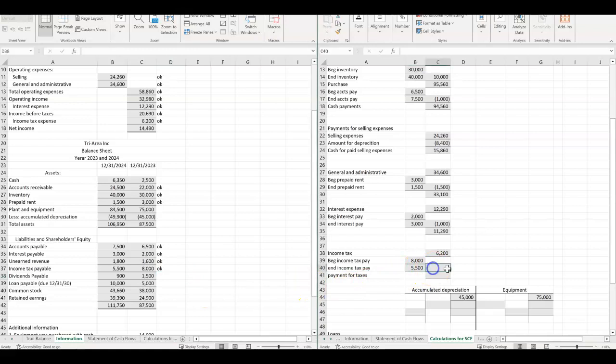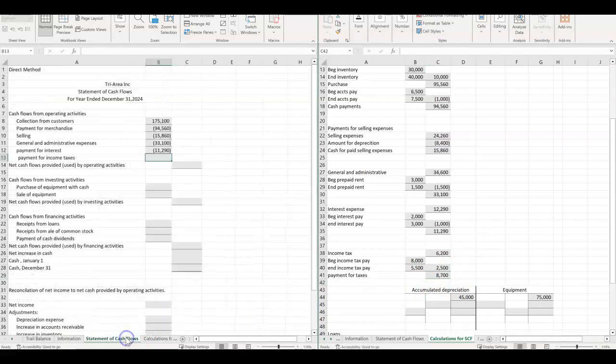And that's a difference of 2,500. And that's added to what we have before because payables went down. And since payables go down, you paid more than what you have reported as the expense. So that would be a negative 8,700. And then what you'll do on these is add this up, equal, you can hit the summation button, but I'll do this because I have it set up as a half sheet.